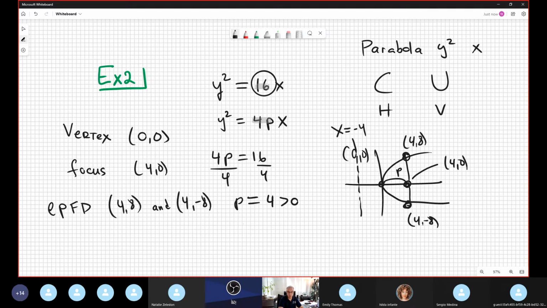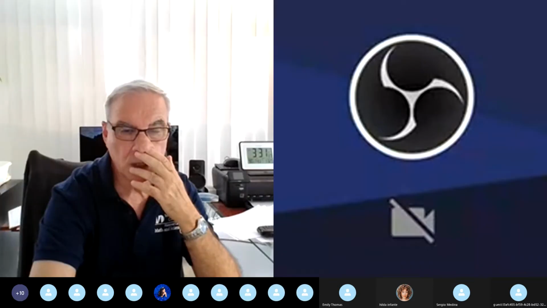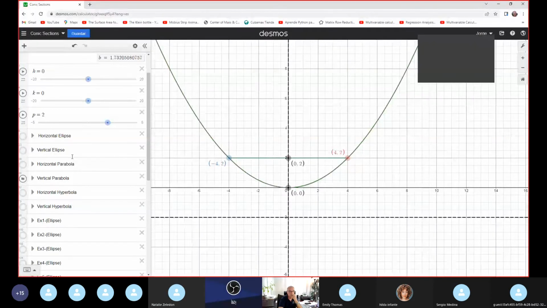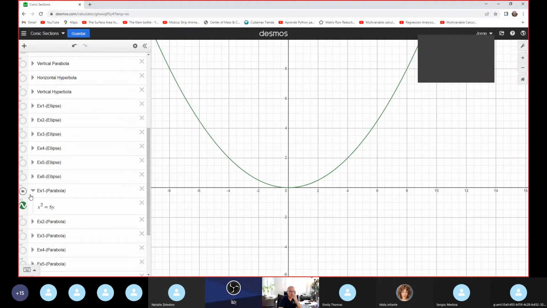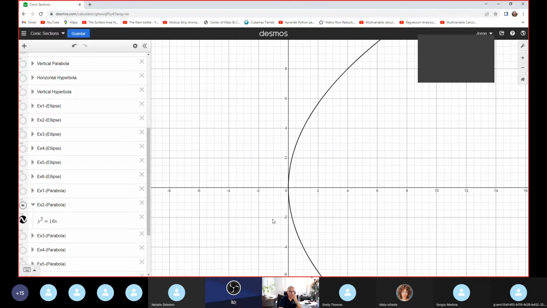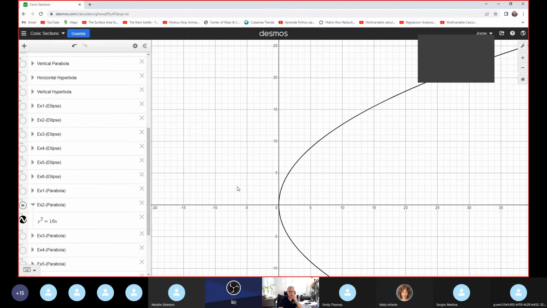Okay, Desmos now. Share screen to Desmos. Okay. This is Desmos. Let me delete the other example. Now we are doing example 2. Look at that. Oh, it's a horizontal parabola.